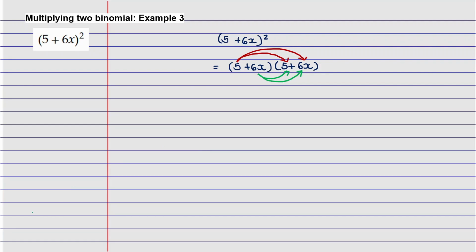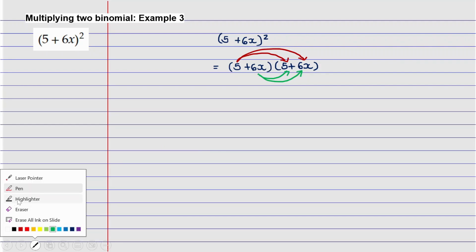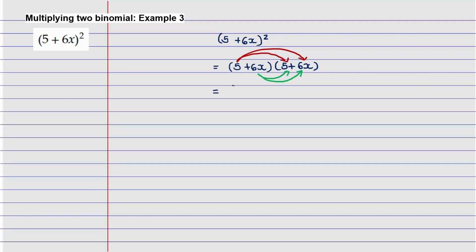So that's how it is, right? So now let's multiply that. So this is going to be equals to 5 multiplied by 5, right? Then it's going to be plus 5 multiplied by 6x, right? Then here it's going to be plus 6x multiplied by 5. Then the last one is going to be plus 6x multiplied by what? By 6x. Hope that makes sense, right?